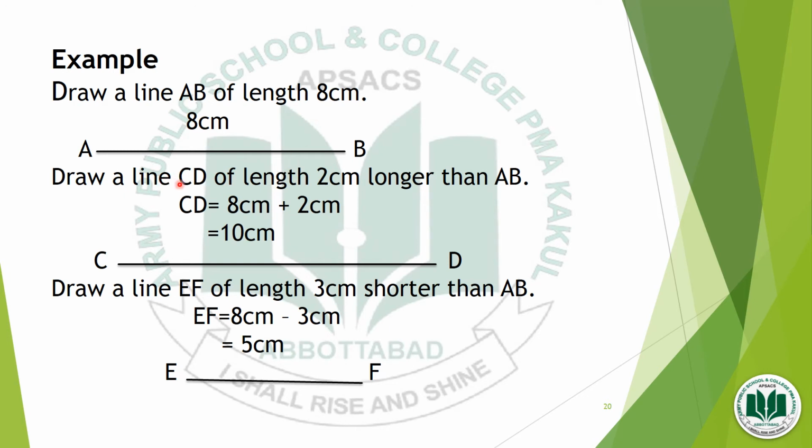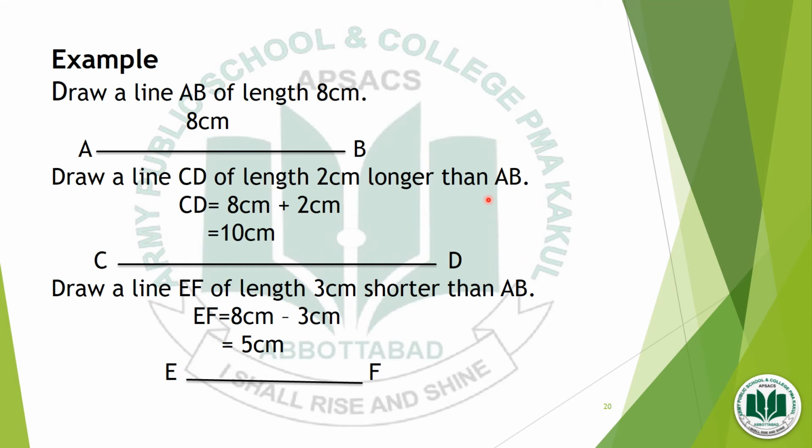Then draw a line CD of length 2 cm longer than AB. First you have to find the length of CD. Length of CD is not given. It is given that CD is 2 cm longer than AB. Now what is the length of AB? 8 cm.